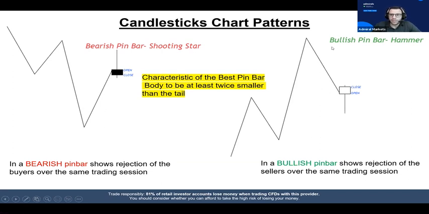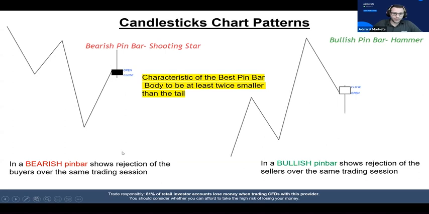And a bullish pin bar, or we call it hammer. Again, the body has to be considerably smaller than the length of the tail. So what do these price actions represent, and why do we as traders care about a pin bar or a shooting star in a downtrend?